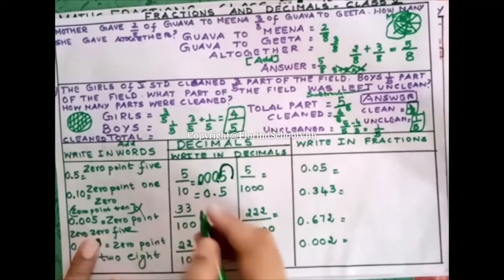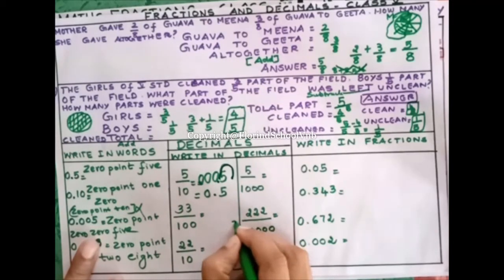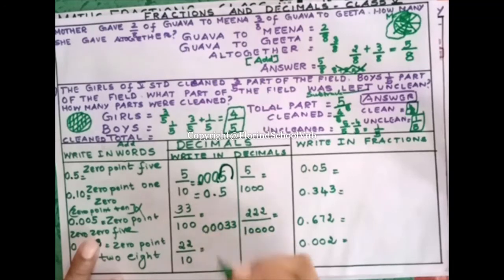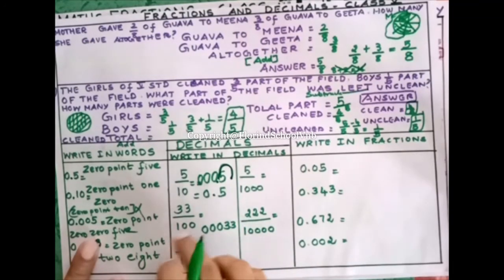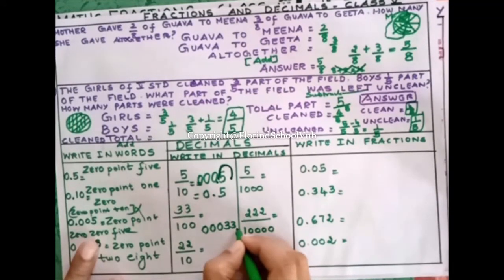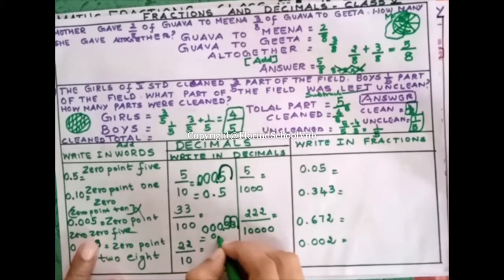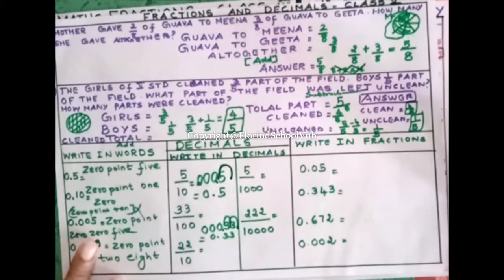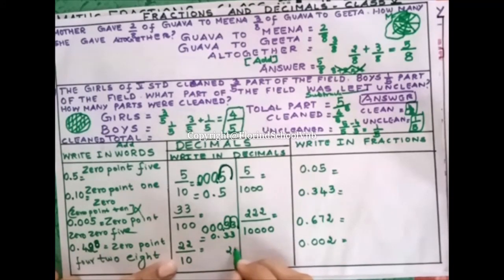Okay. Now write 3 3 0 0 0. Now how many zeros? Two zeros are here. Now keep a point here, right side, and how many zeros are there? Two zeros. So shift two times. 1 2. So your answer will be 0.33. Okay. Now write 22.